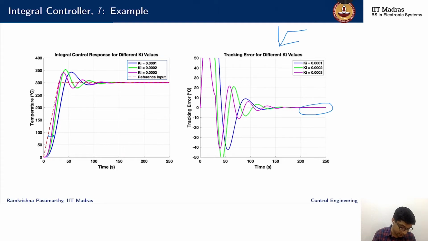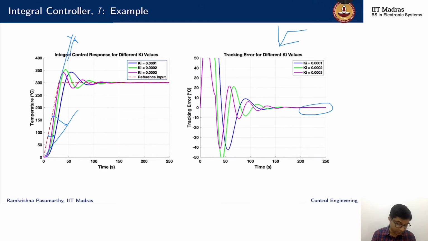In the earlier case, we saw that this error was deviating, because it was a type 0 system which did not have the ability to track a unit ramp. Now this is a type 1 system. It tracks a ramp signal with some steady state error. So if this were to be my reference signal with the integral control, I could only track it with some error.